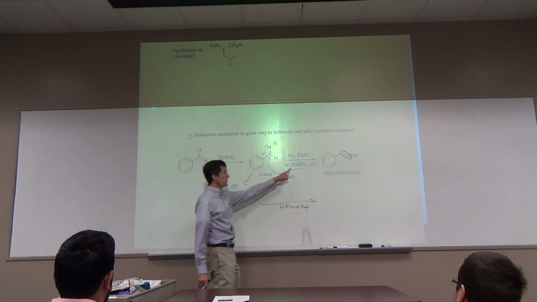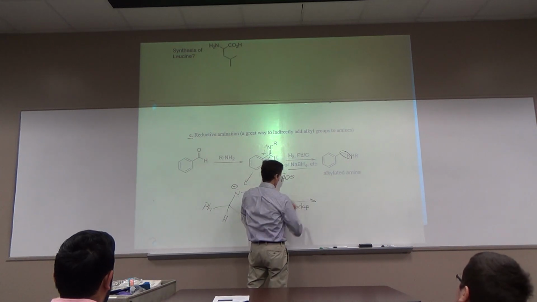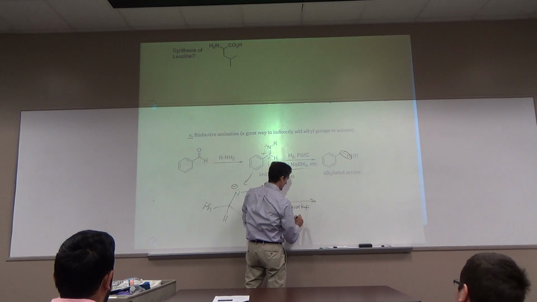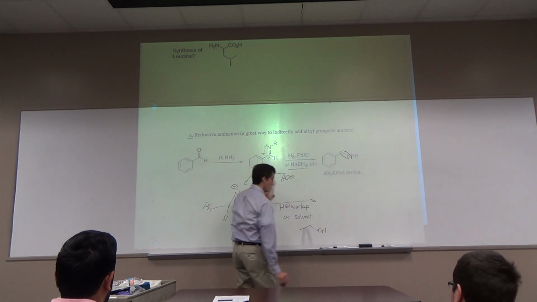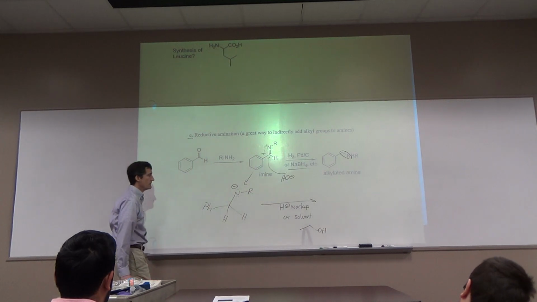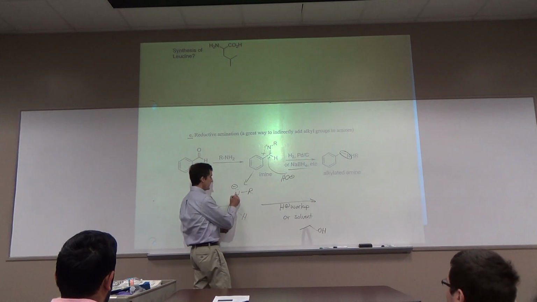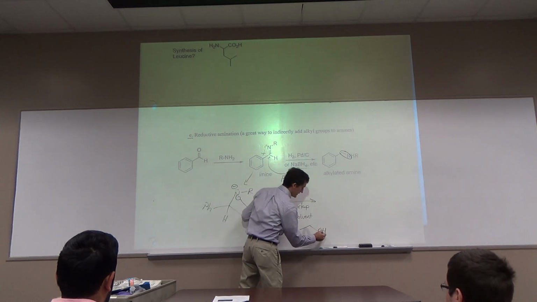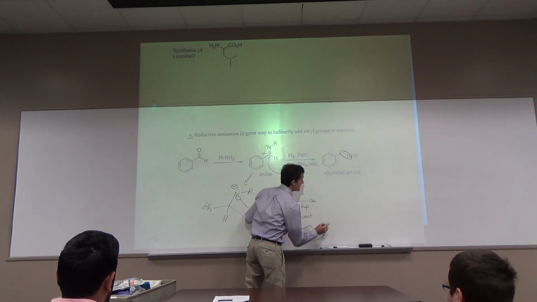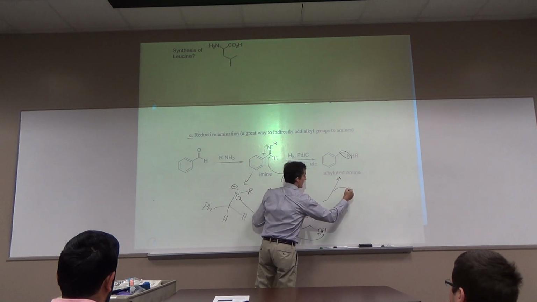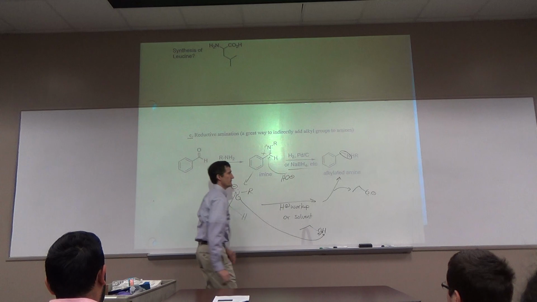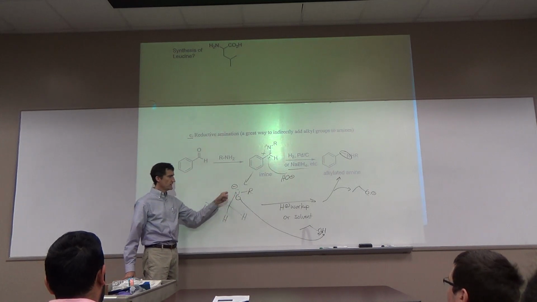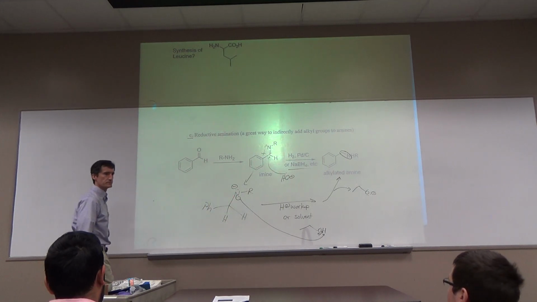If you're using sodium borohydride, though, you can also use a protic solvent, such as ethanol. And if you use ethanol, it'll supply the proton. You're just going to make the anion here, but it's favored that way because an O anion is more stable than a nitrogen anion.